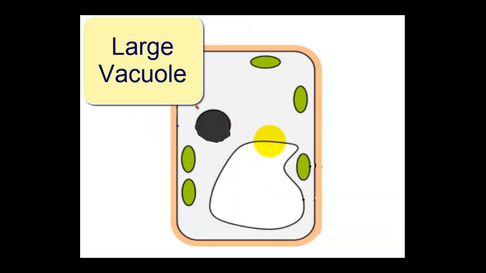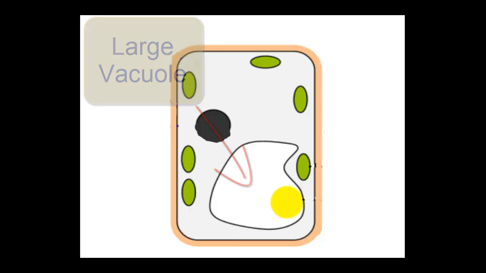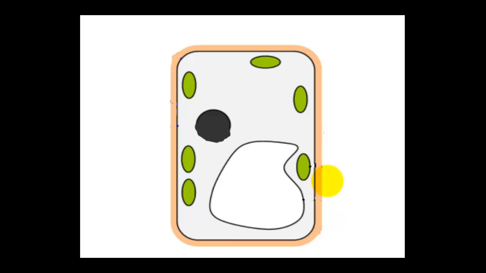Plant cells also quite often have a large vacuole. Animal cells can have small vacuoles, but never usually to the size that a plant cell would have one. So the differences that we have in a plant cell are the chloroplasts, the cell wall, and the large vacuole.